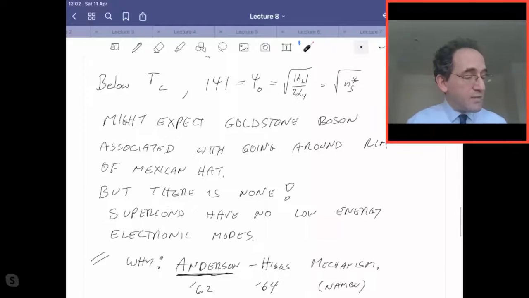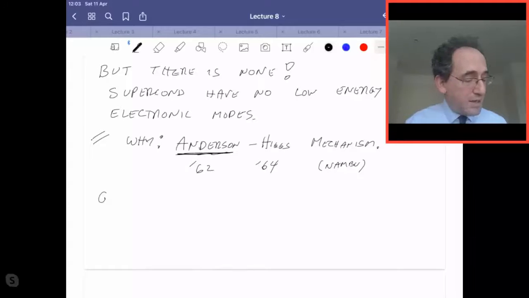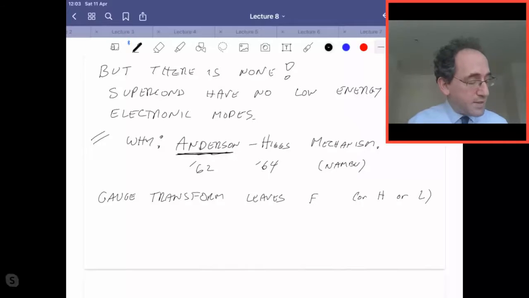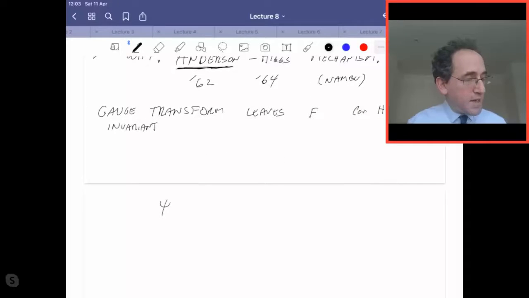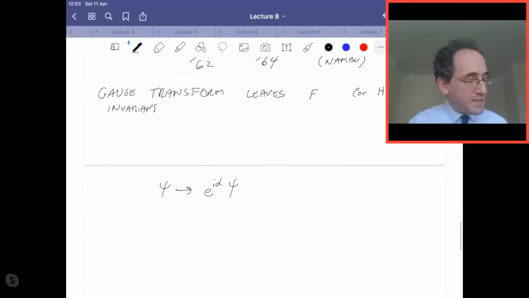So the particular gauge transform that we are allowed to make, which leaves F or H or L, the Lagrangian or the Hamiltonian, invariant, is of the following form. You take psi to e to the i alpha times psi, and you simultaneously take e star A, the vector potential, to e star A plus the gradient of alpha times h bar.